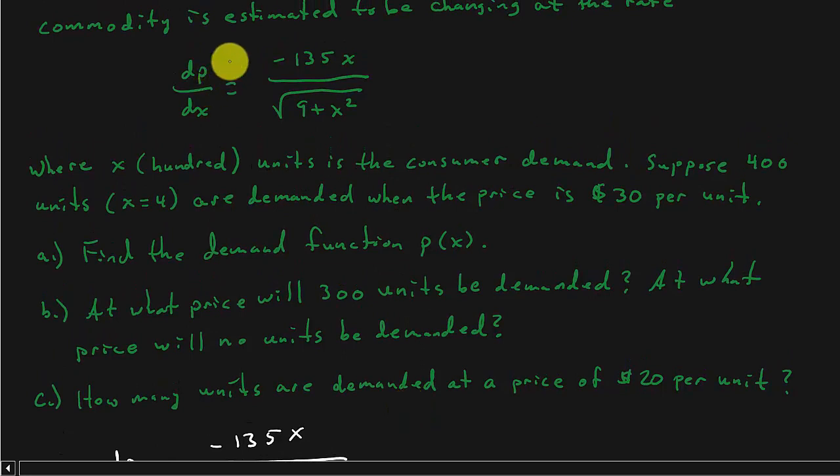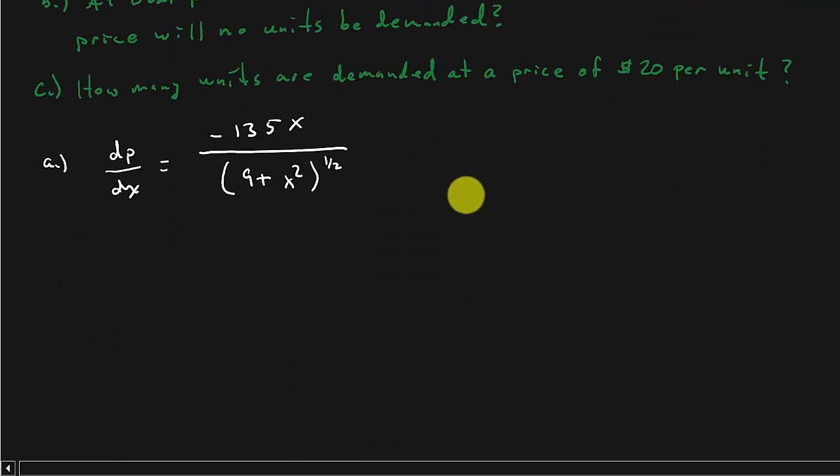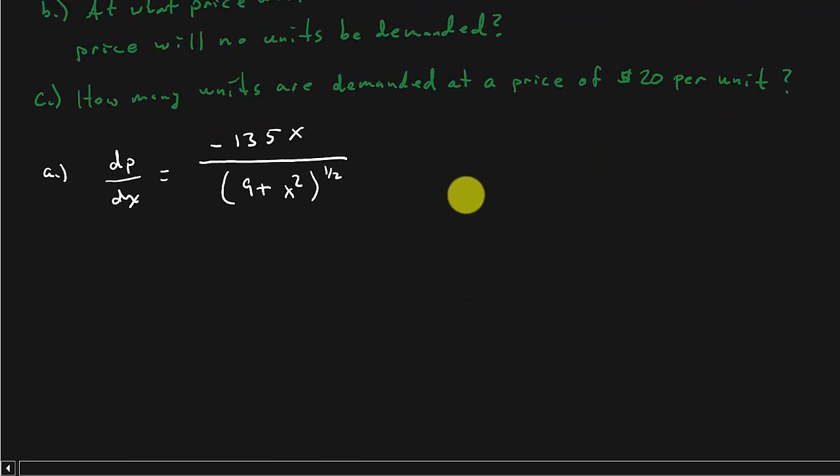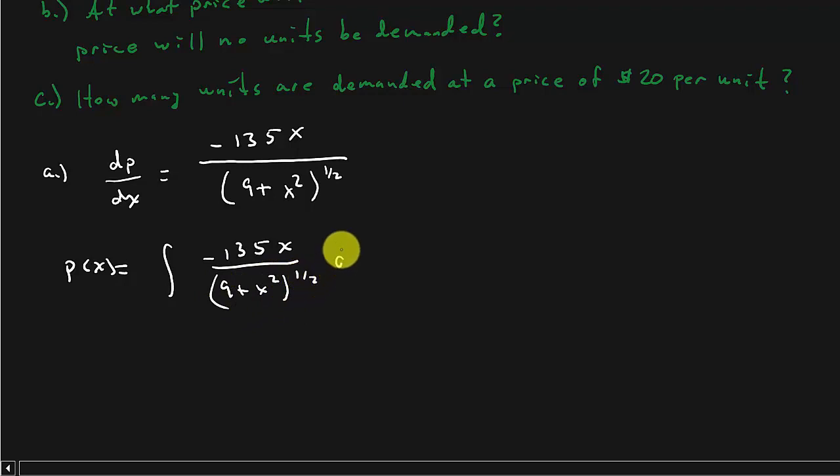So basically, this right here represents the derivative of p. So how would we find p of x? Well, we would integrate dp, the derivative of p. We would integrate that to get p. All right, so we've got p of x is equal to the integral of negative 135x over 9 plus x squared to the positive 1/2 dx. That would be p of x.